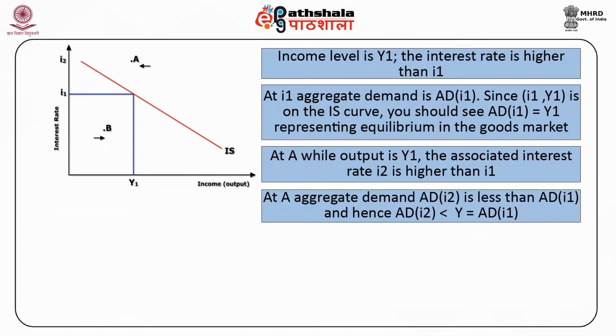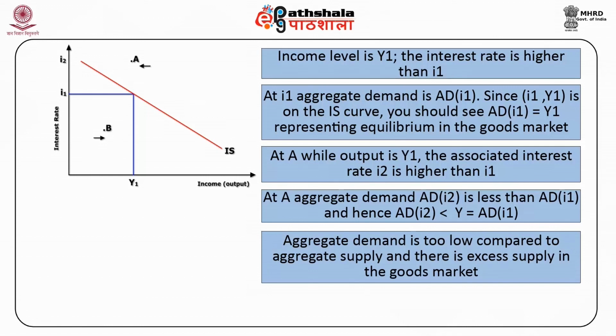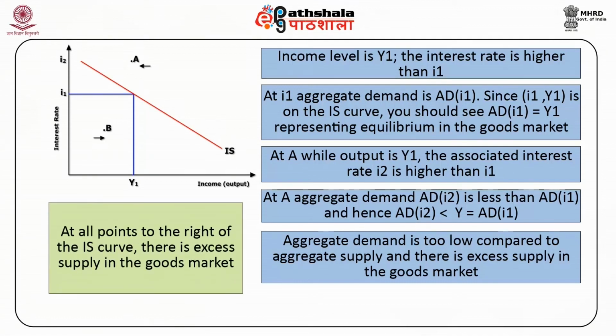That is, aggregate demand is too low compared to aggregate supply, and there is excess supply in the goods market. So, at all points to the right of the IS curve, there is excess supply in the goods market.